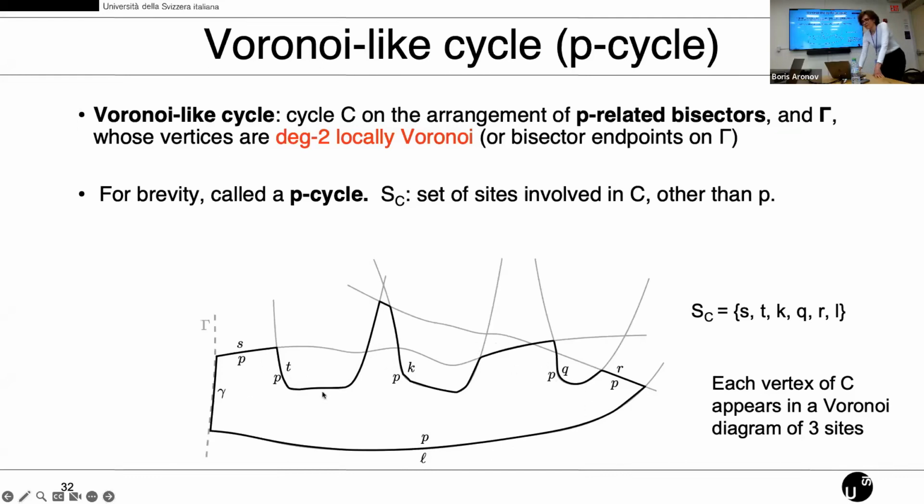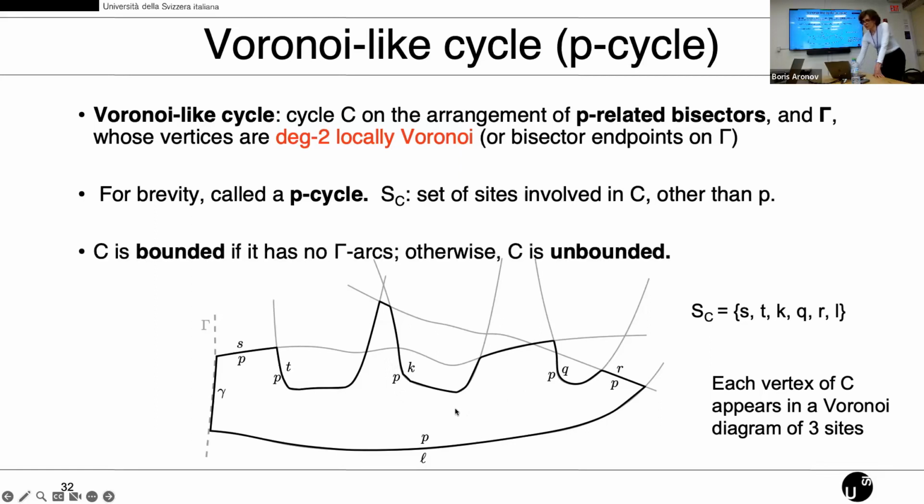For brevity, let me call it a P cycle, where P is the site in the interior of the cycle. Its vertices appear in a legal Voronoi diagram of the sites. Such a cycle can be bounded or unbounded. It is unbounded if it intersects gamma.